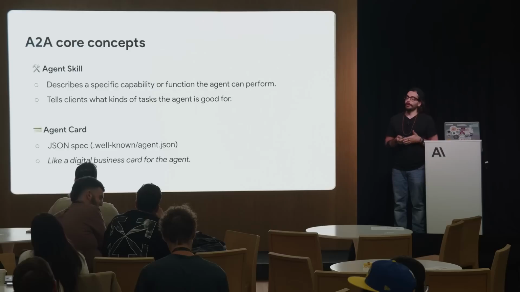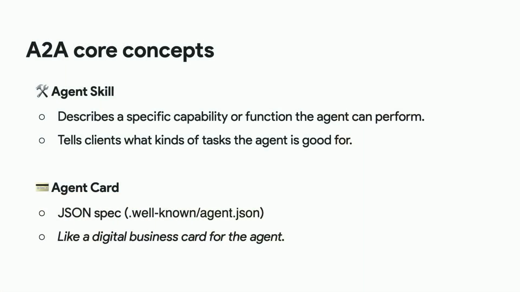The concept that you need to know about A2A is the concept of agent skills, which essentially describe the function or the capability of the agents. It's like a business card of your agent with respect to other agents. The agent skill describes what the agent is capable of doing.